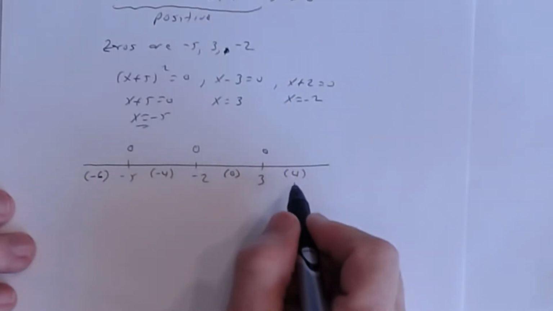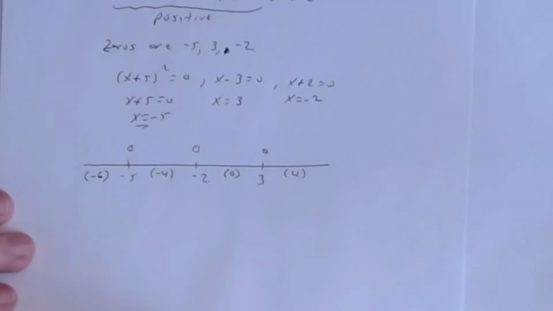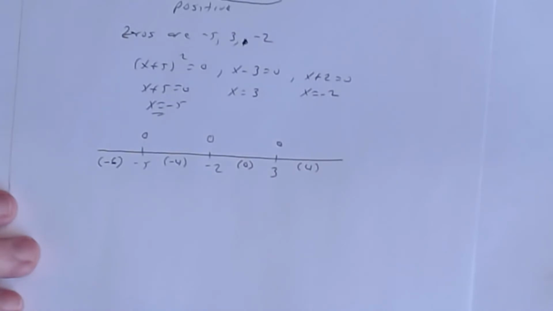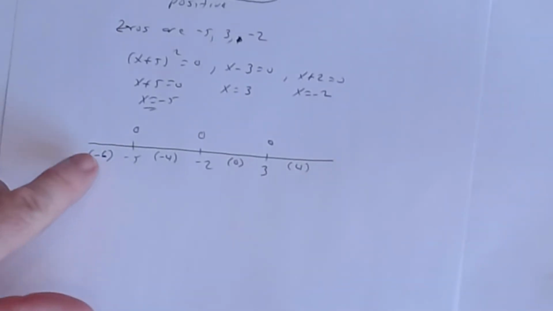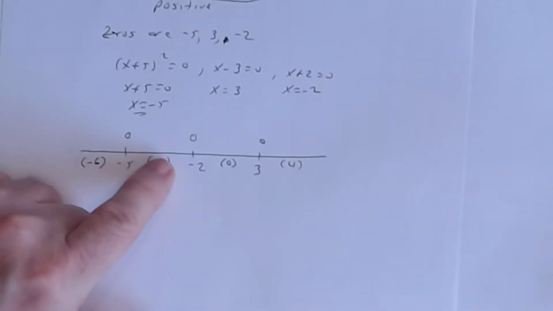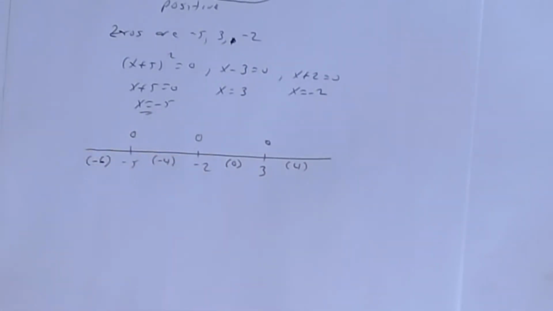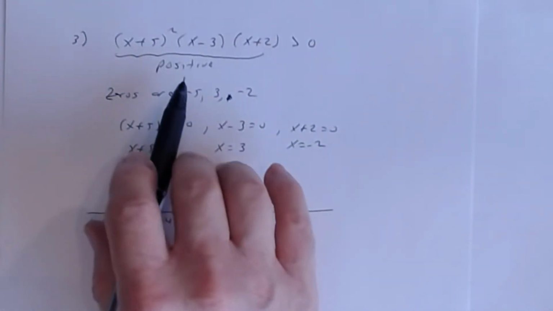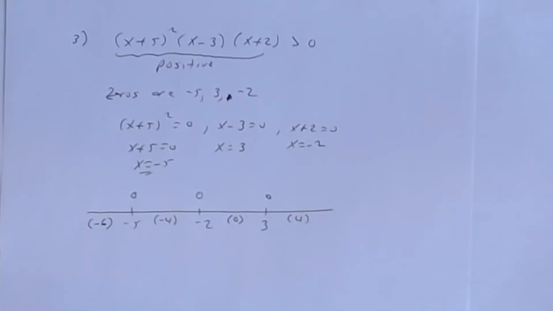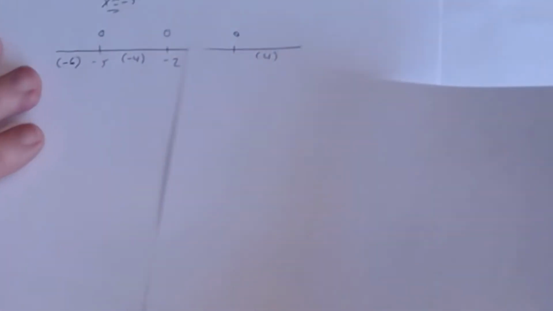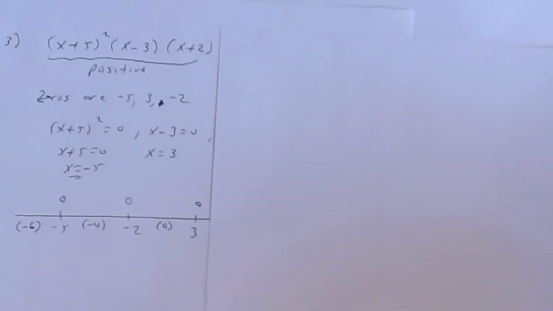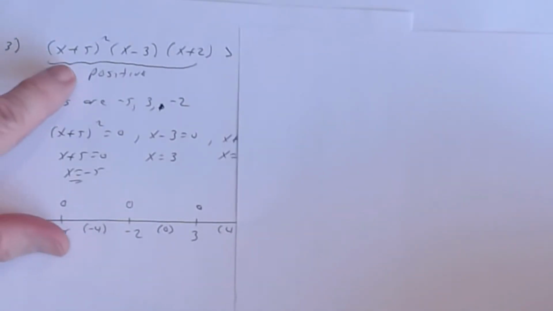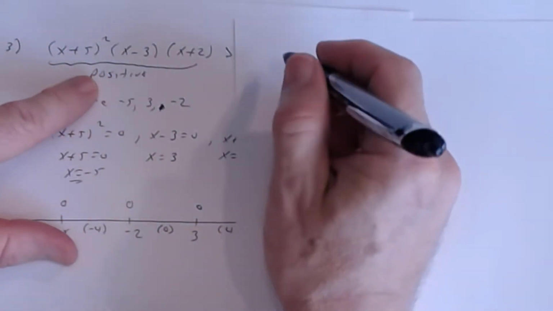And then here I'm going to use 4. All right. And so now let's go ahead and find out whether this interval is positive or negative, this interval is positive or negative, and so on. And remember, I'm trying to find the intervals that are positive. Okay, so let's go ahead and use the first test point. We're going to go back to it's already in factored form, so that's easy.